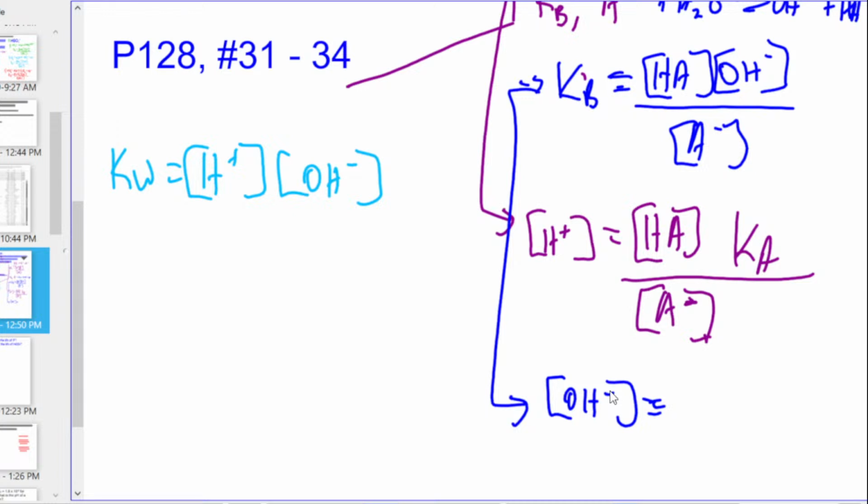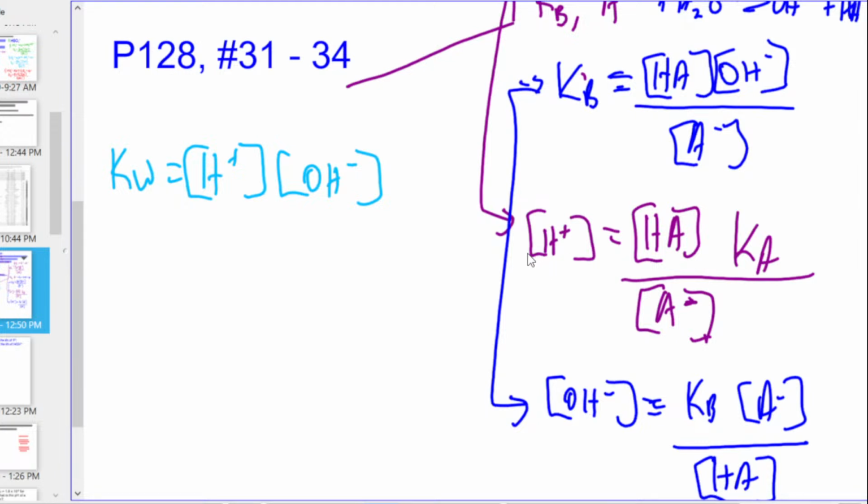What would this equation be? Yes, Kb times A divided by HA. Excellent.